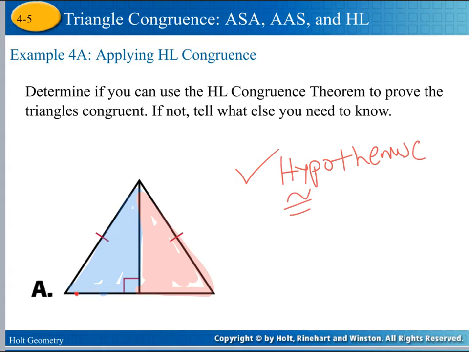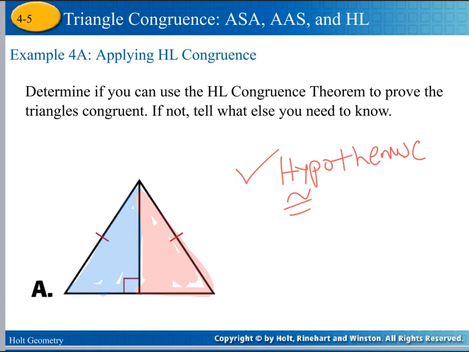If I start at the pair of legs at the bottom here, I don't have any information about their size. So that's not going to help me. However, this side right here is shared between the two triangles. In the blue triangle it has a length, and that same length is in the pink triangle.